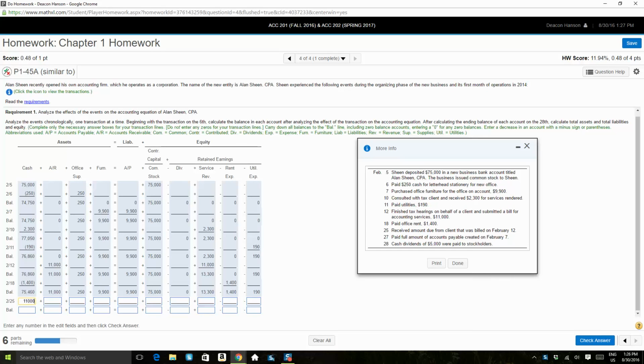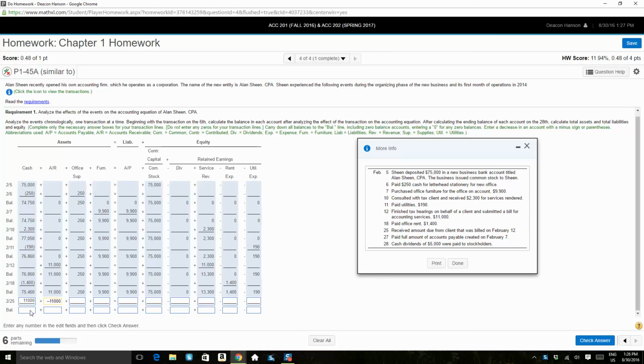So I'm going to put a negative in there, right? And those two will offset each other on the left side of the equation. So the total on the left side does not change, and the right side doesn't change either. Okay. So we basically have to subtract that and add that to cash.